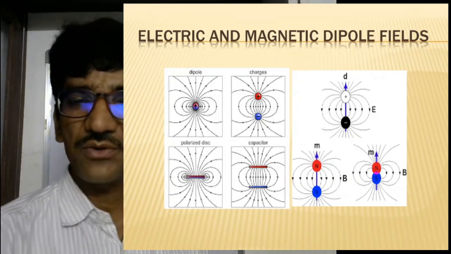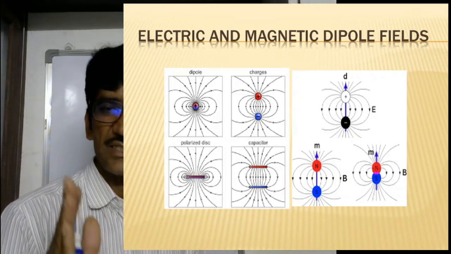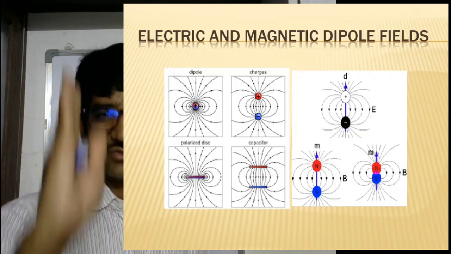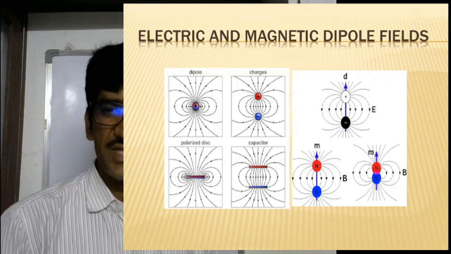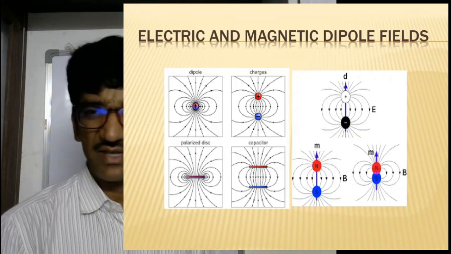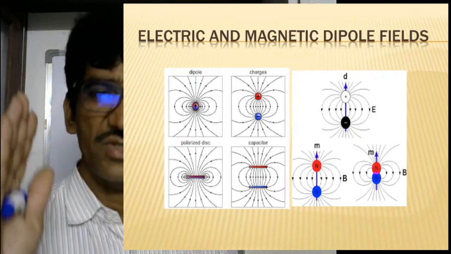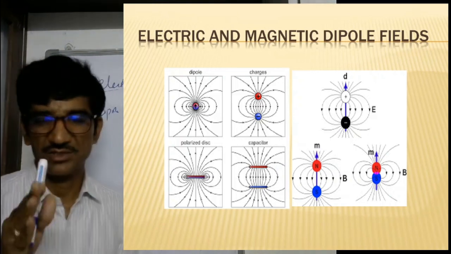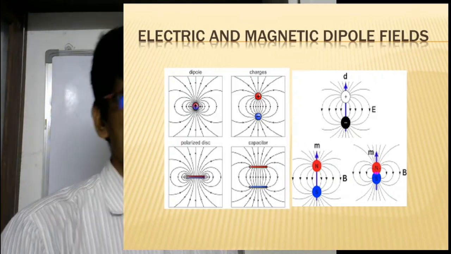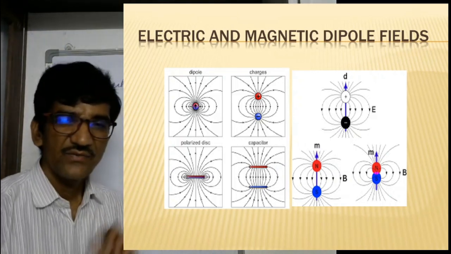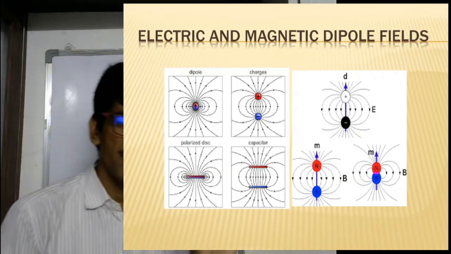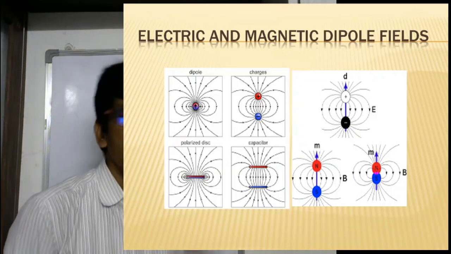There you have the arrow mark coming from bottom to top. That means there is a unidirection. So the magnetic dipole direction is also shown from south to north, from the south pole to the north pole. This is possible only when there is a very small distance between the poles or the charges.